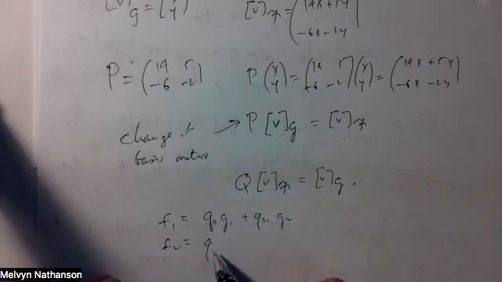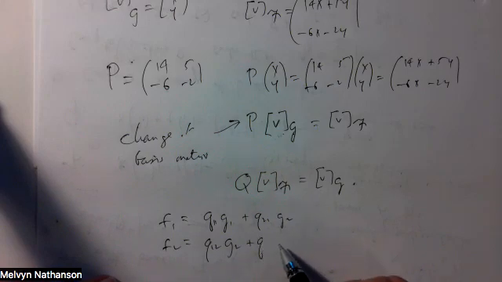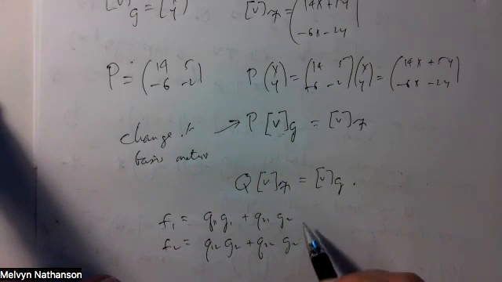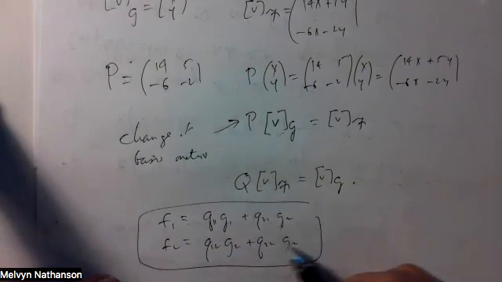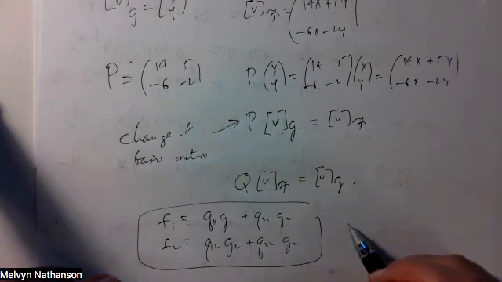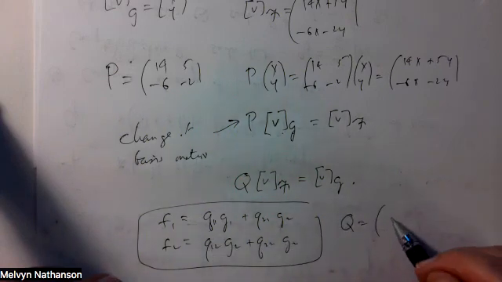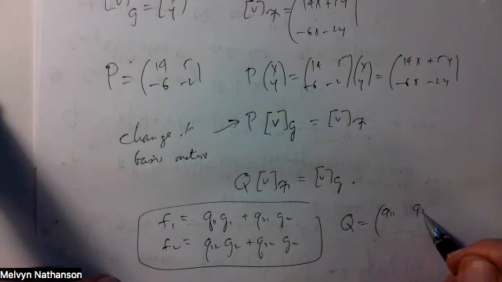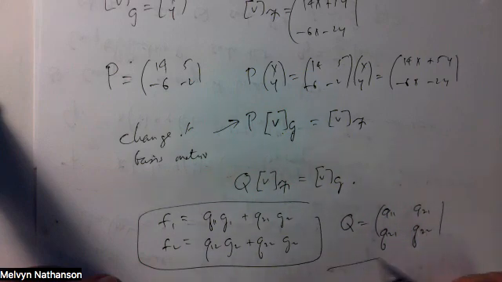This will be Q12 G1 plus Q22 G2. I compute these coefficients, the Q's, and Q is the matrix Q11, Q12, Q21, Q22.